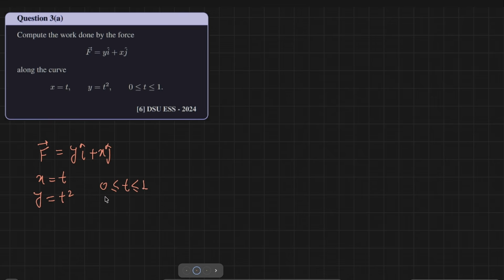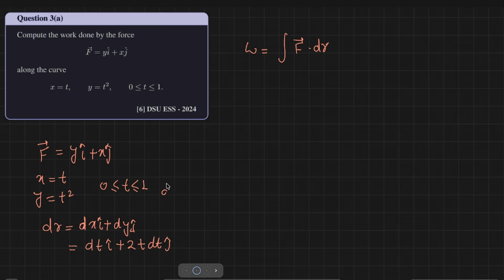So what is the thing? We have to convert our integral in terms of t. So what do you mean by the work done? So work done is basically f dot dr. So from here I can write down dr is nothing but dx i cap plus dy j cap. So from here dx is nothing but dt i cap, and dy is nothing but 2t dt j cap, because if I will find out the derivative, dx is dt and dy is 2t dt.